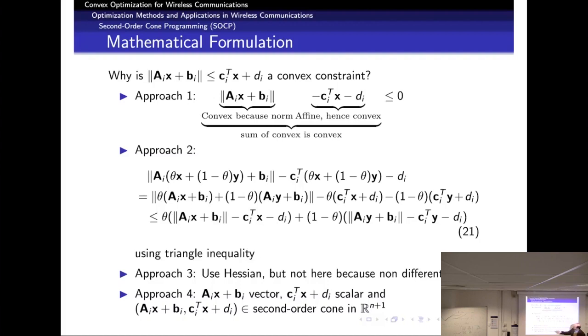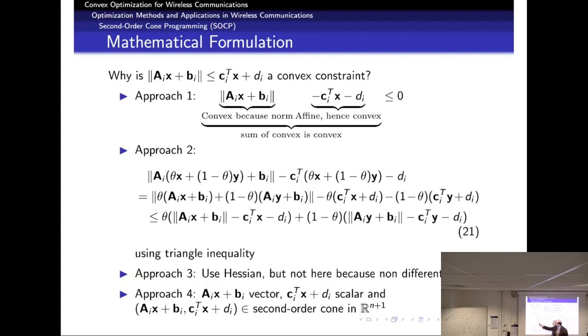So you see that I have theta, 1 minus theta, theta, 1 minus theta. Then we use the triangle inequality. This quantity will be smaller than the norm of this, and the norm of the sum is smaller than this norm here and this norm there, and this term goes here, this term goes there.